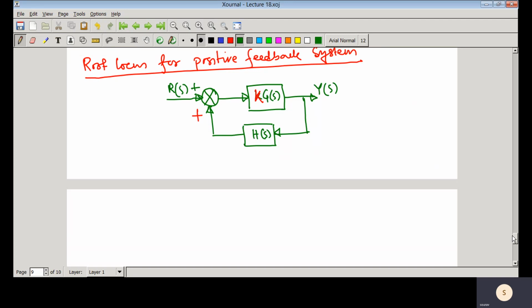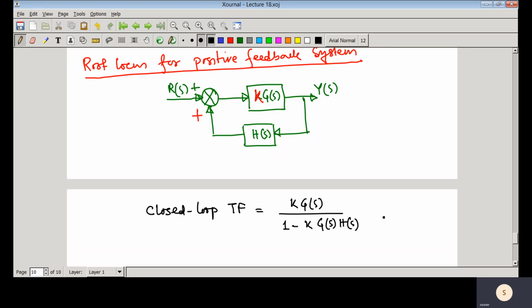If we just consider positive feedback, let us write the closed loop transfer function, which would be equal to K of G of S over 1 minus K into G of S H of S. In case of negative feedback it was plus, so here it would be 1 minus.